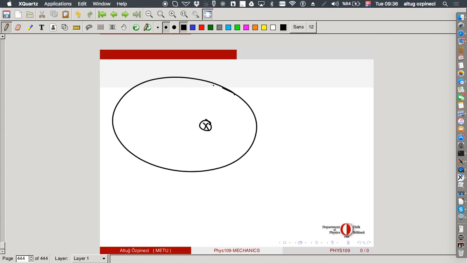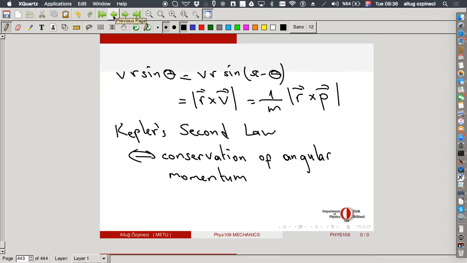The planet is definitely accelerating, so there is an external force acting on the planet. And, well, just one more thing to note. This is the angular momentum relative to the sun. So we take the sun as our reference point and calculate the angular momentum of the planet relative to the sun.